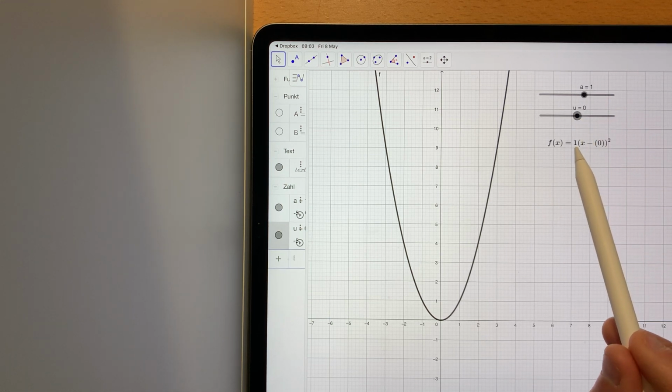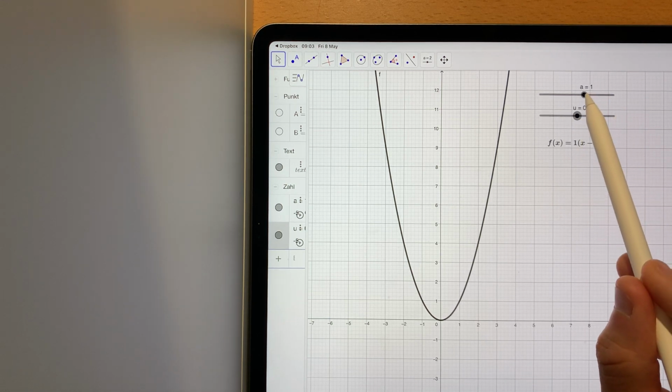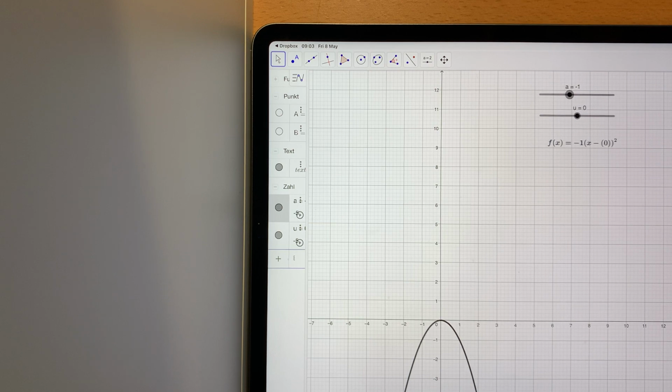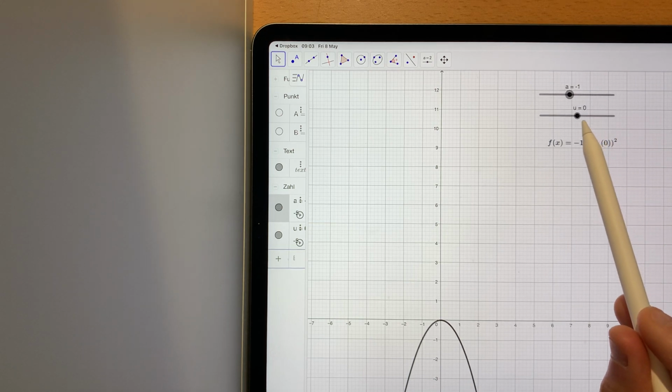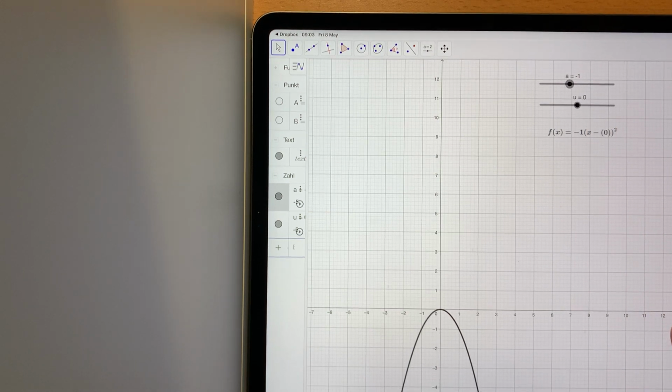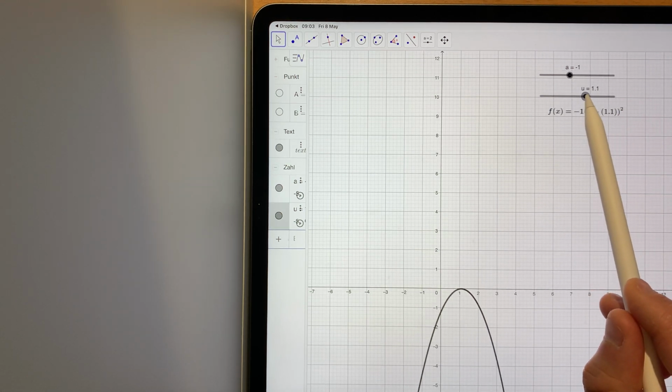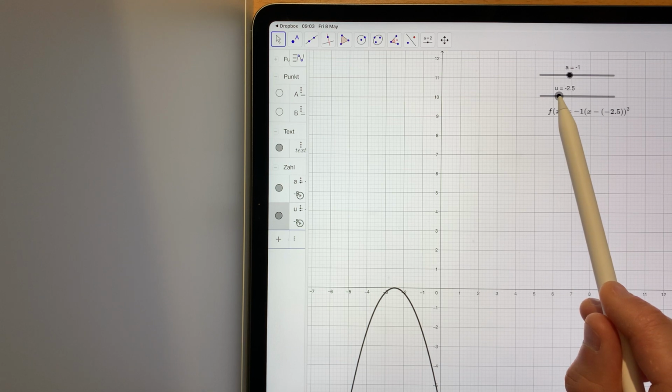And you see I've introduced the coefficient in front of here. So I could go to a negative parabola here. This is the original negative parabola. And again, I can move it up a bit. I can shift it to the right, or I can shift it to the left.